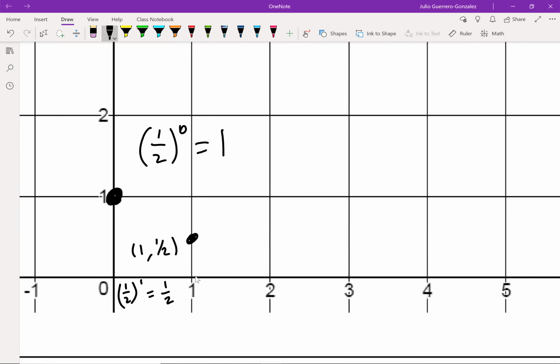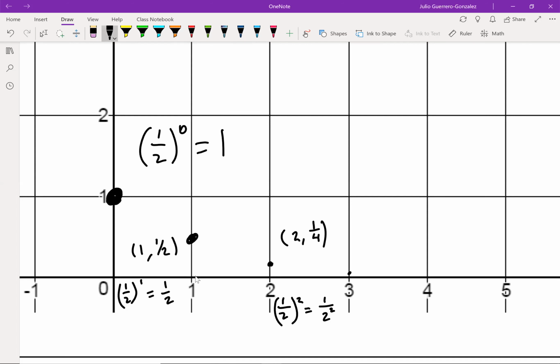The next one is 2, 1/4, and the reason there is that 1/2 squared is 1/4.